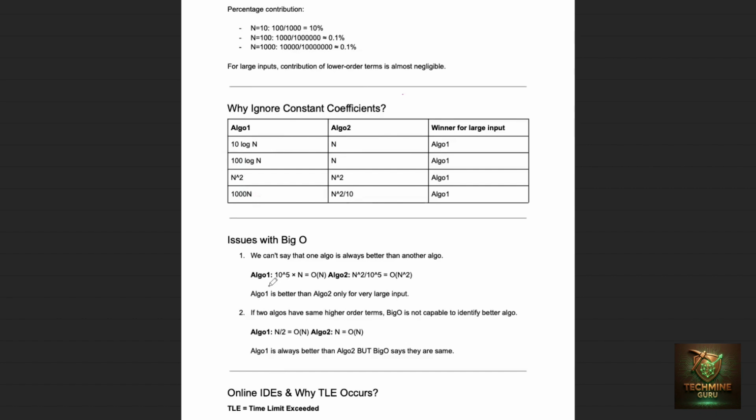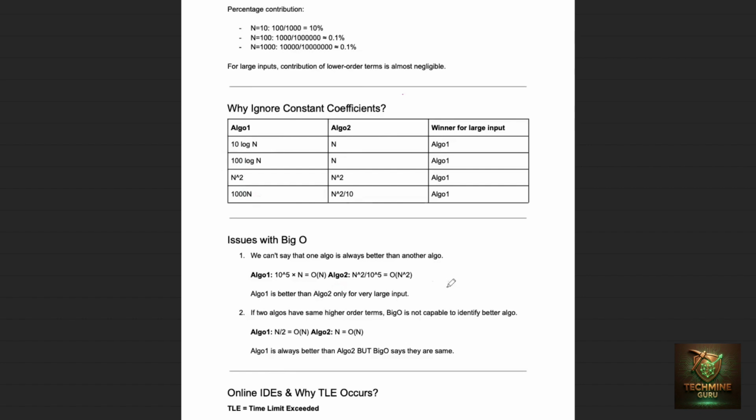What if algo 1 is 10 to the power 5 into n and algo 2 is n square divided by 10 to the power 5? In this case, algo 1 is telling that its BIGO complexity is O of n, and algo 2 is telling that its BIGO complexity is O of n square. Algo 1 is better than algo 2 only for very large input.